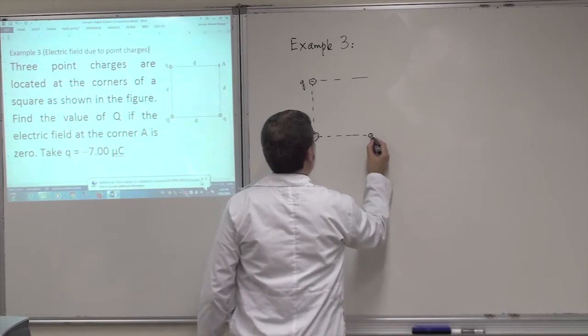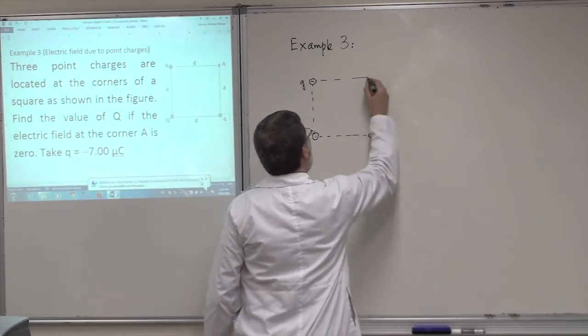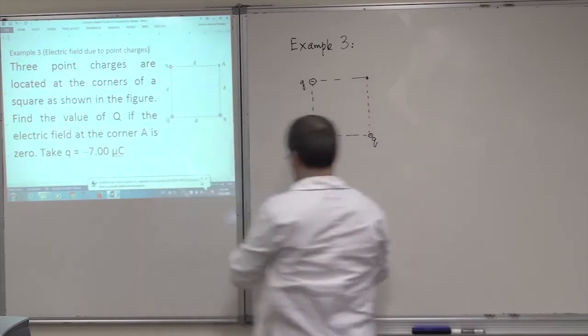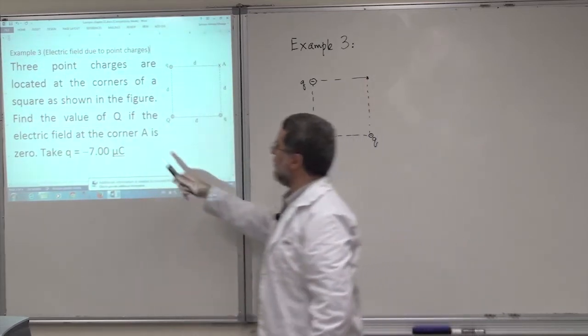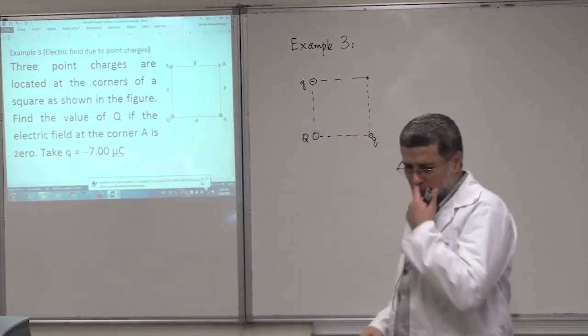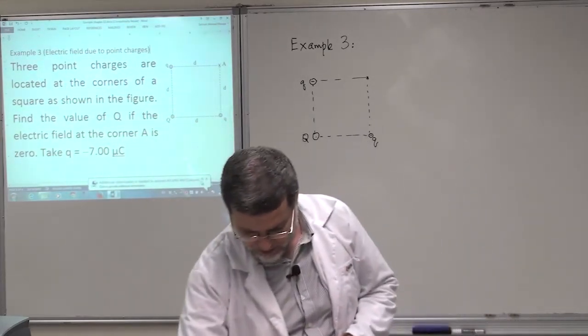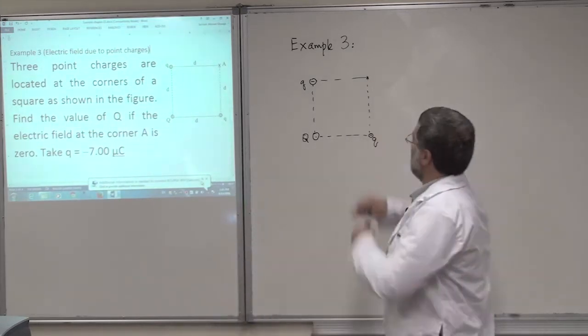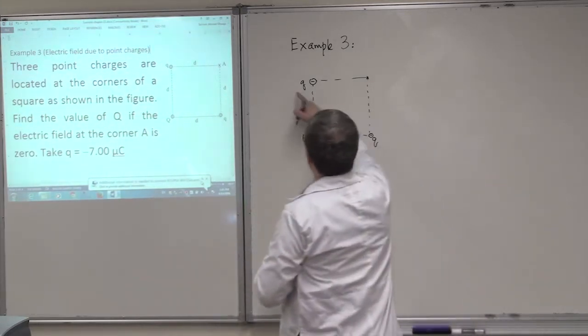And another charge here, Q, which is negative, and the point here, point A, where the net electric field is 0. So let's use the superposition principle. The first thing we have to do is draw the vectors E at this point for the two charges.